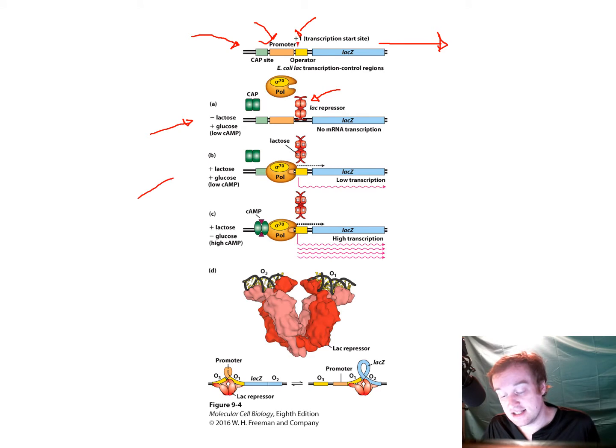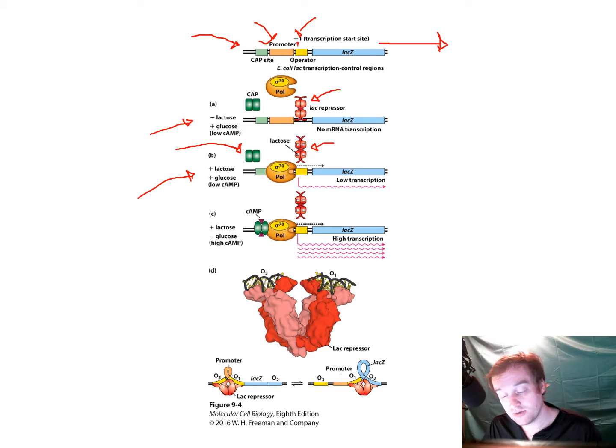And so in the second case here, we have lactose and glucose present. Now, like I said, we preferentially want to digest or metabolize glucose. So if we have lactose present, what happens is the repressor does not bind, because we need some of those lac genes to get rid of the lactose, but the activator, this CAP, which is associated with cyclic AMP, doesn't bind either.